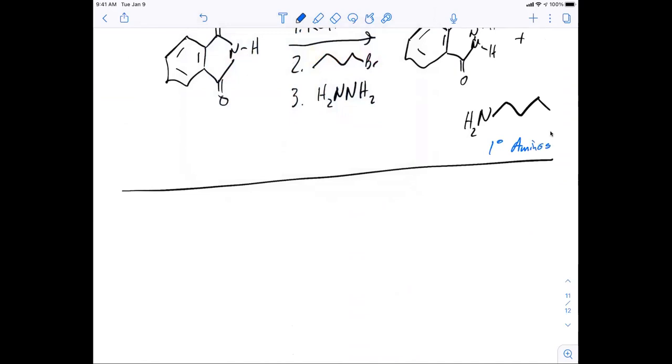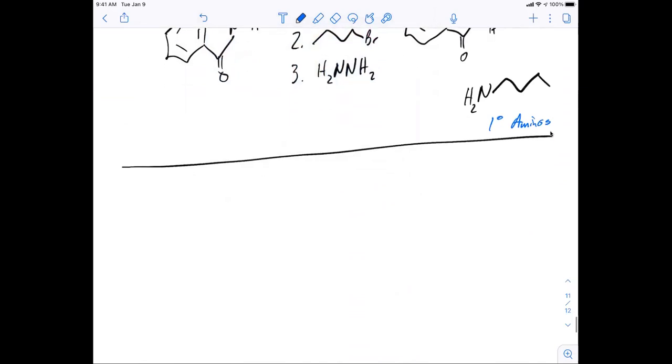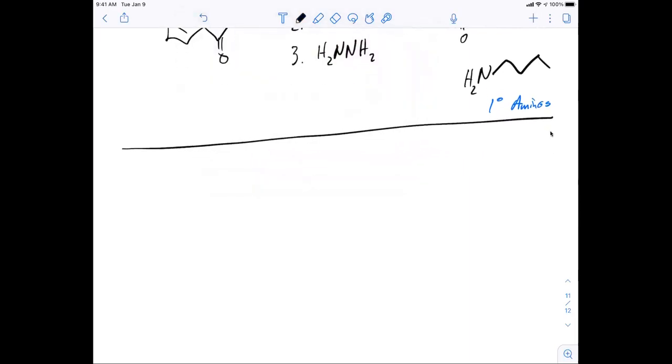This next one is flexible to be primary, secondary, tertiary, right? So it can give us selectivity similar to what we did with our carboxylic acid going to the amine before. And this one is reductive amination.